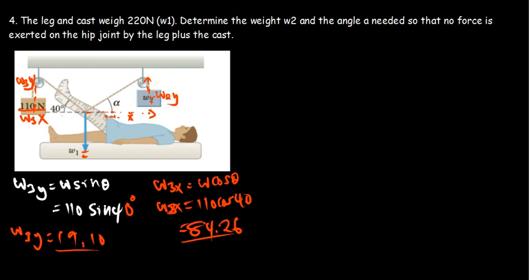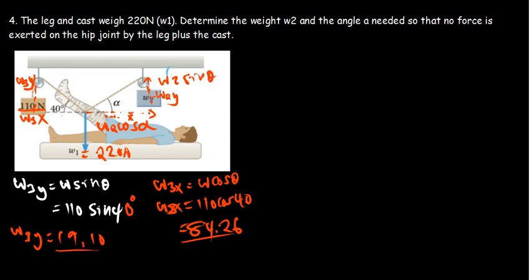Let me use the red one. This one I've said is 220. So this one is W2 cos alpha, and this one is W2 sin alpha.